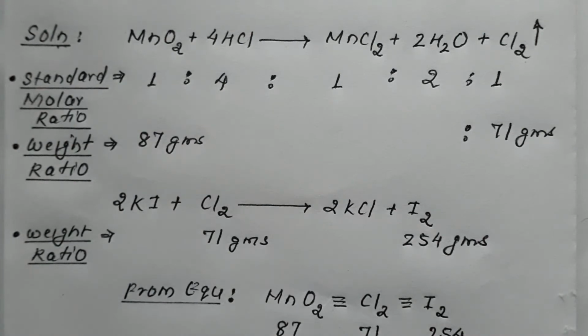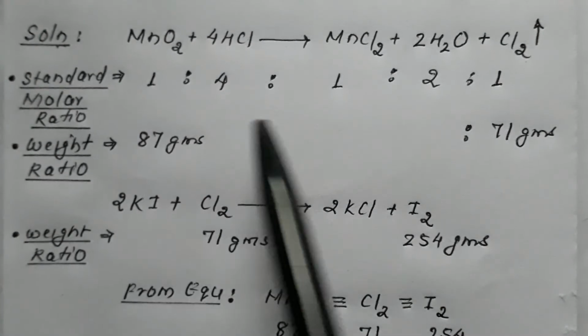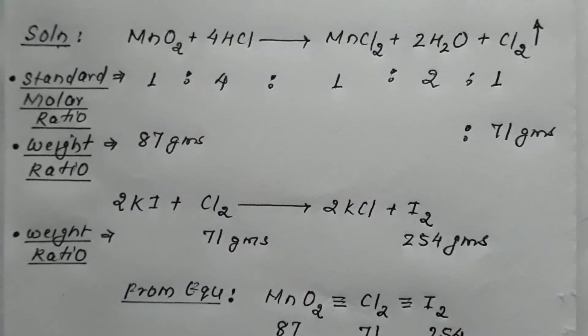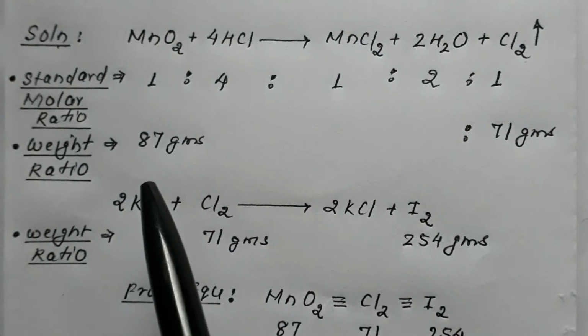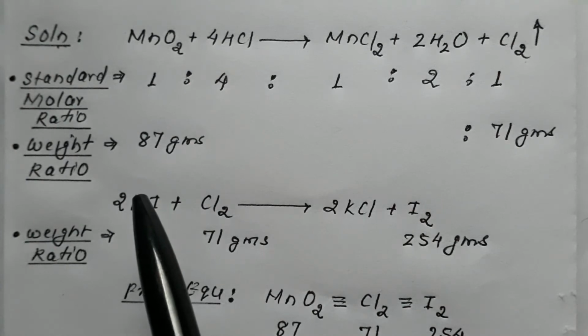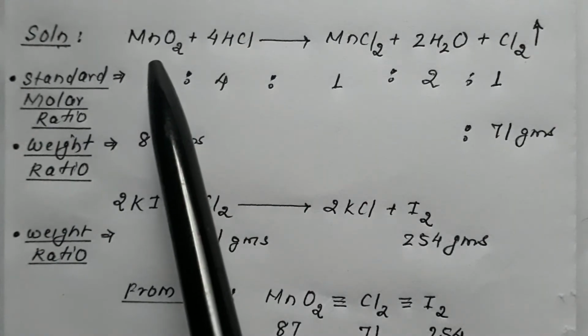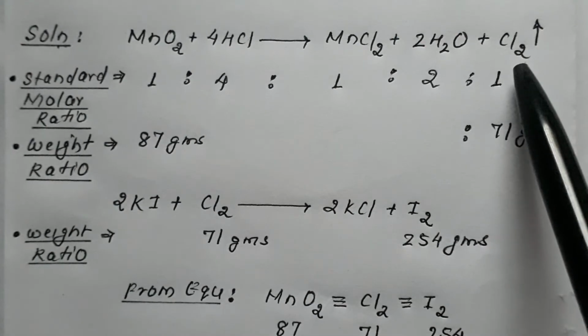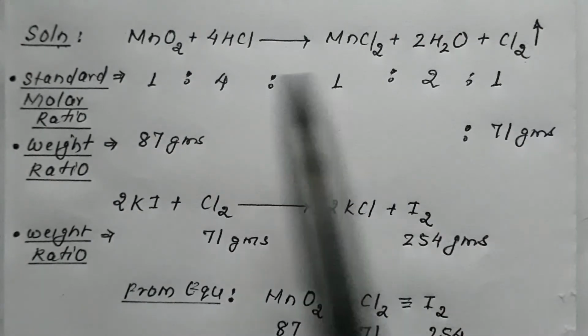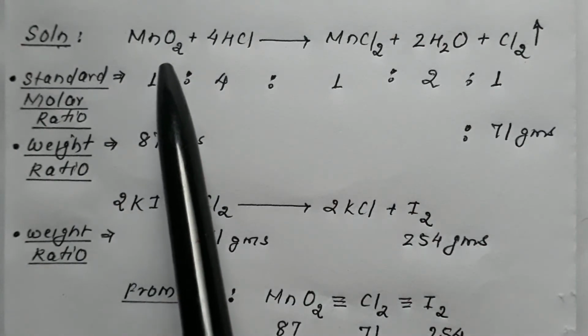Now if I convert the molar ratio into weight ratio, we are just writing the weight of only those components which are relevant. The MnO2 is given in the question, reacted with HCl, and the gas produced is chlorine. So the relevant components are MnO2 and chlorine.